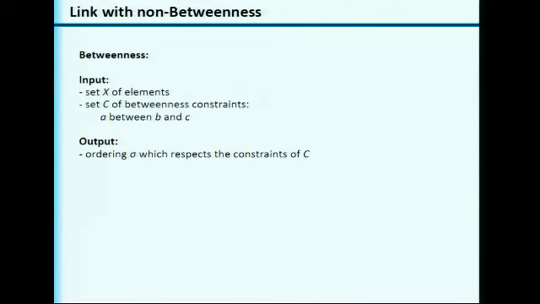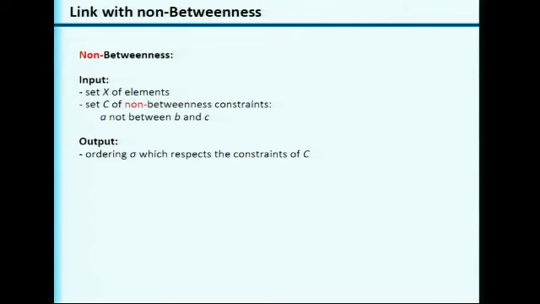I will finish with the dense case, when we don't have the whole quartet set but just a dense set. Then it's linked with the betweenness problem, because the betweenness, we heard about it yesterday, you have a set of elements and constraints on these elements, and you want to find an ordering which respects the constraints, A is between B and C. In fact, the non-betweenness problem is the equivalent when you have non-betweenness constraints.